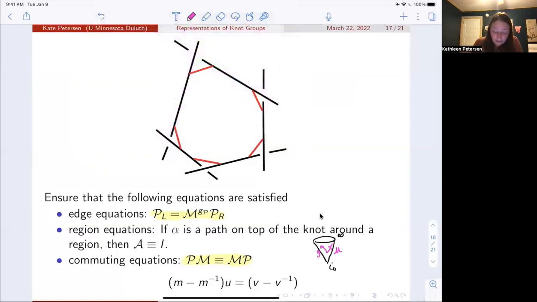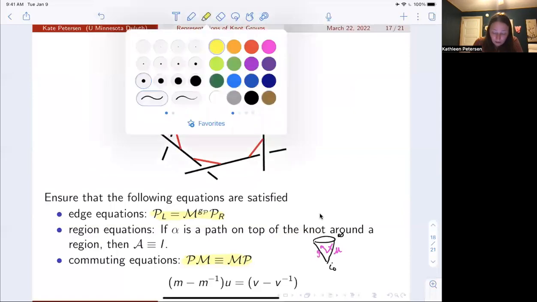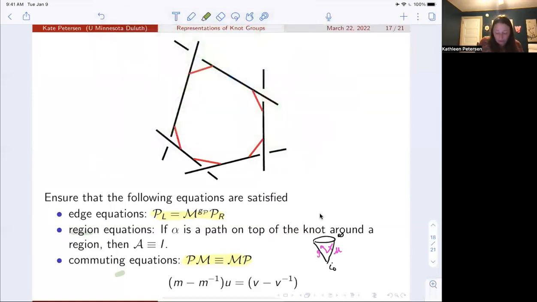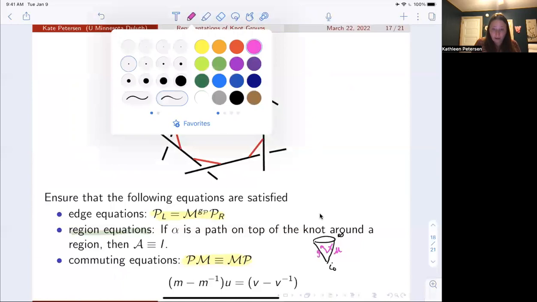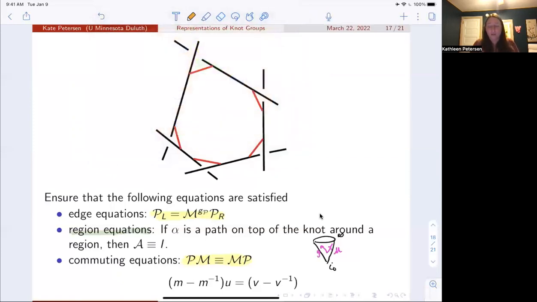Okay, now the one I didn't talk about are what I call the region equations. Now imagine that I talked about choosing a path to make a Wirtinger generator that goes to the ith arc, ith edge and around, but I could choose several paths.